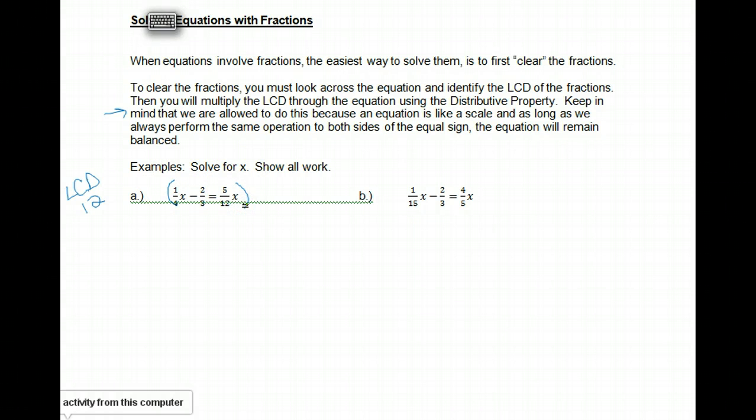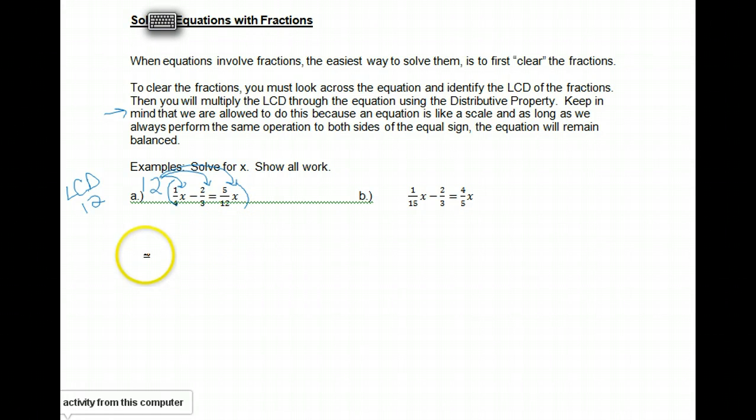So I'm going to draw parentheses around my entire equation, the whole thing, and I'm going to draw my LCD in front, because what we're going to be doing is distributing that 12 in. Now, you can approach this two different ways. It depends on what's easier for you, and I want to show you both ways for this step.